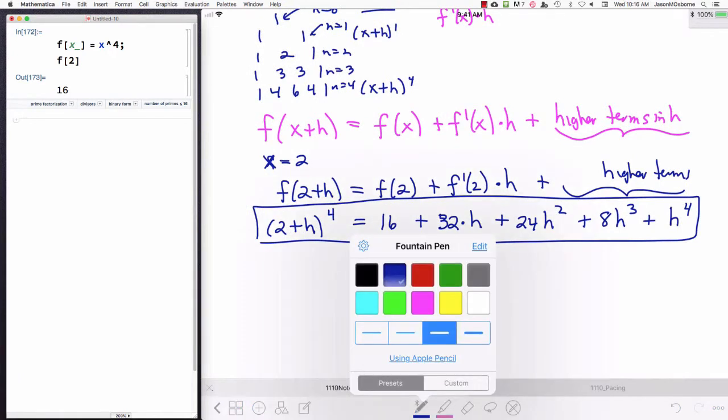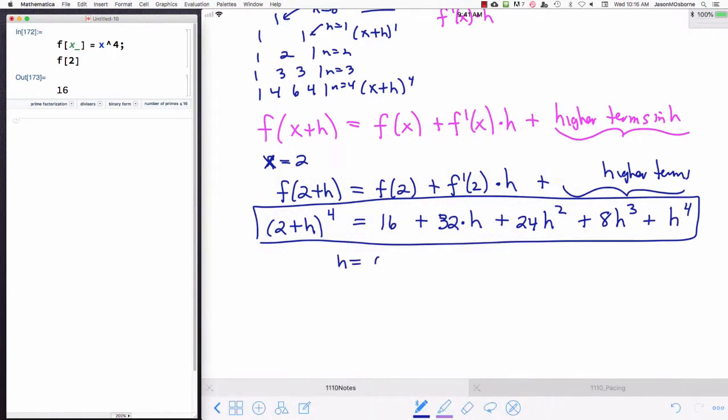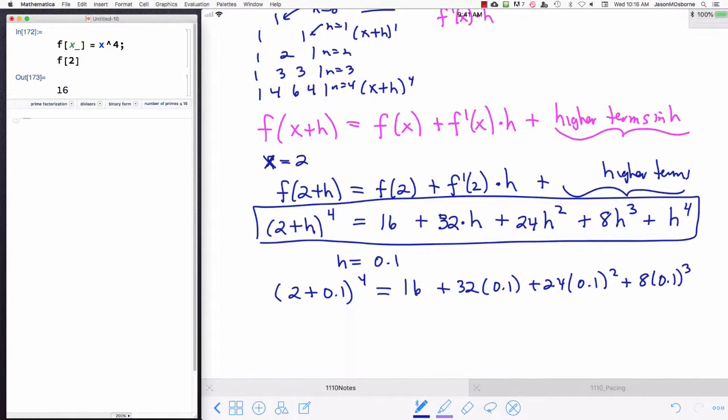Now how do we use this formula? What if, for example, that h is equal to 0.1? Then what you're finding is that 2 plus 0.1 to the fourth power is equal to 16 plus 32 times 0.1 plus 24 times 0.1 squared plus 8 times 0.1 cubed plus 1 times 0.1 to the fourth power.